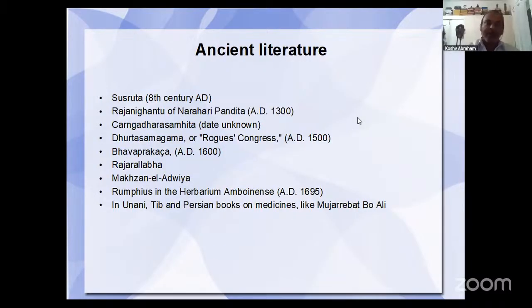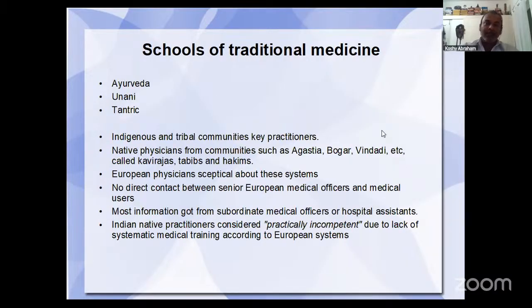The Hemp Commission does refer to a few ancient medical texts when they talk about the usage of cannabis as medicine. These texts I've just listed in the slide. Some of them are from India, but we also see that they were referring to Islamic medical texts and Persian medical texts. The commission found that the main schools of traditional medicine that used cannabis were the school of Ayurveda, the school of Unani, and the tantric medical systems.